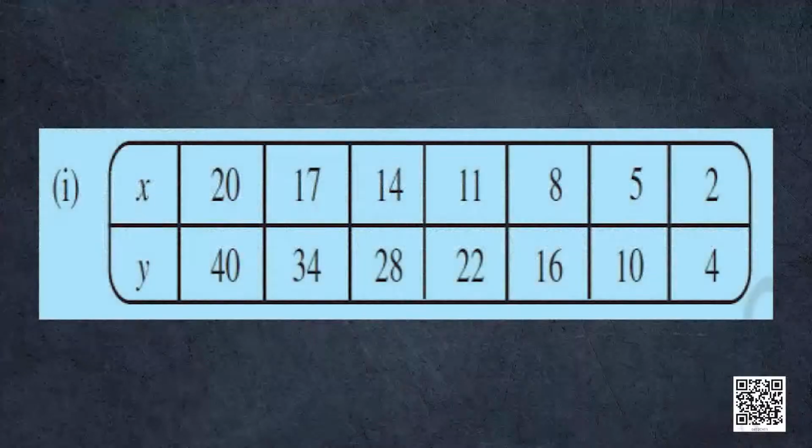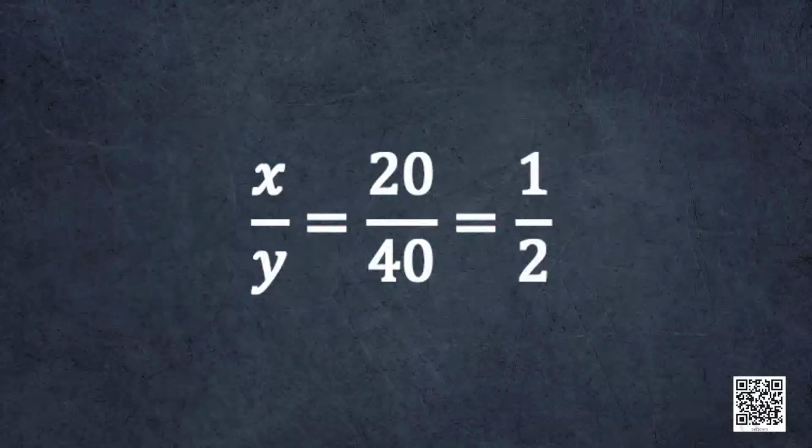What do you need to do here? Yes, to find whether x and y are in direct proportion, we need to find the ratio x by y. Okay. In the first column, 20 divided by 40, which is equal to 1 by 2.